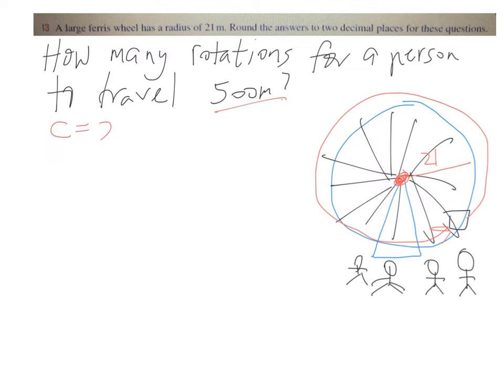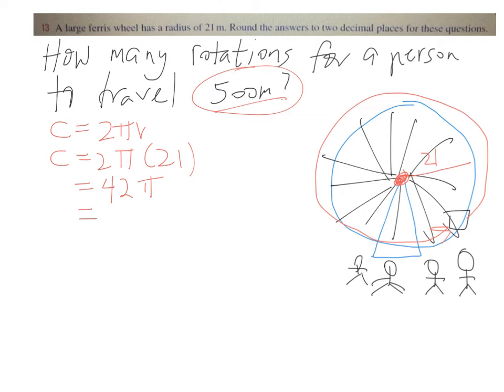Circumference equals 2 pi r. Now, we want to travel 500 metres, so let's see how far one lap around, that's our circumference, is. So C equals 2 pi times 21. So we end up with 42 pi. Now we're going to multiply that by 3.14.